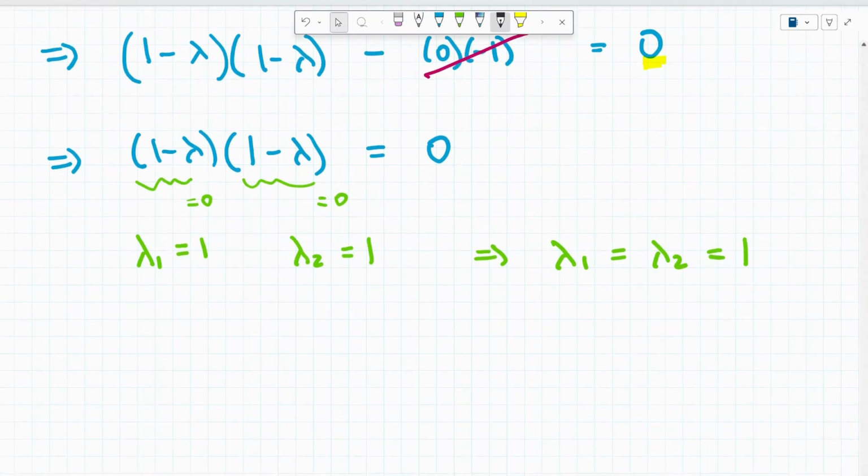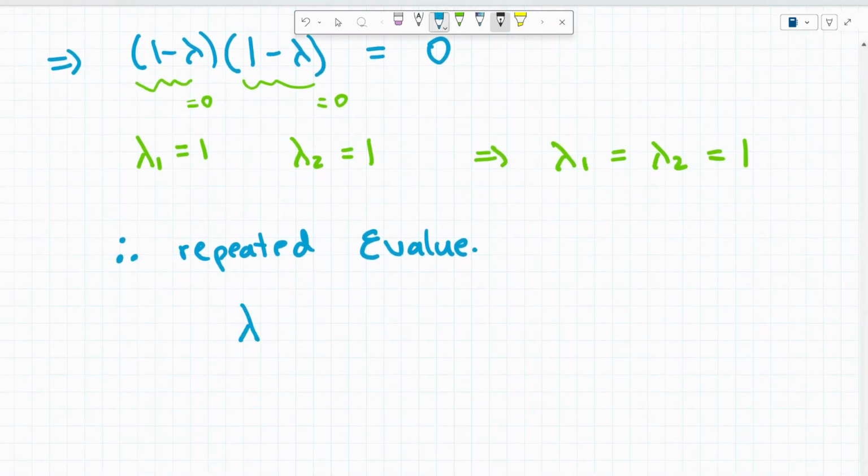So therefore, what do we see? We have a repeated eigenvalue. If we recall the definition for algebraic multiplicity, it's how many times an eigenvalue appears as a root of the characteristic equation. Here we can see that lambda equals 1 appears twice as the root.